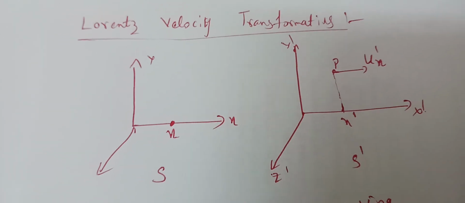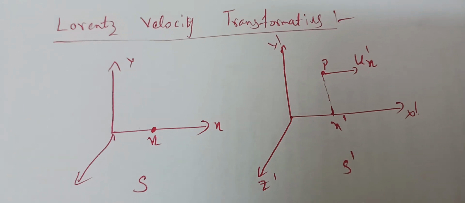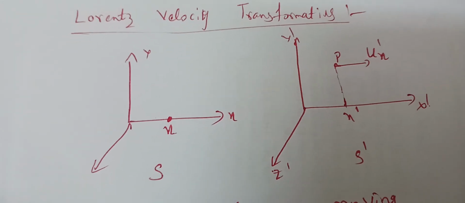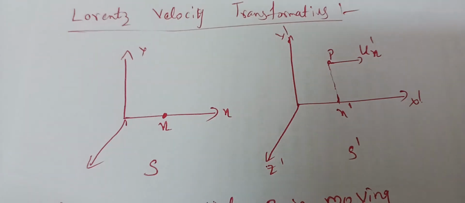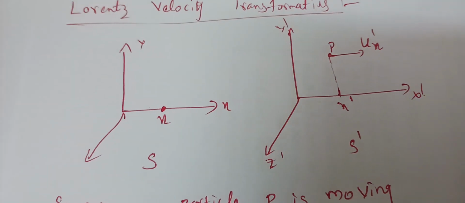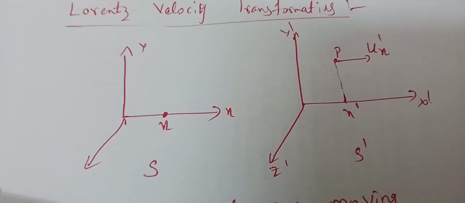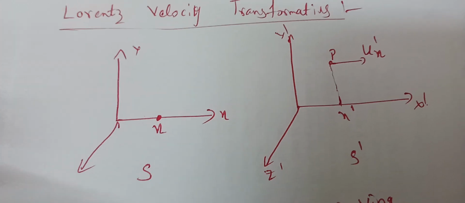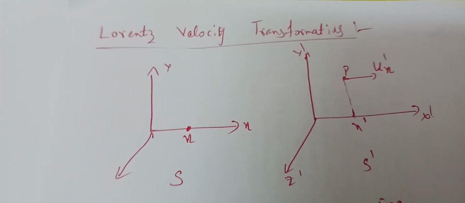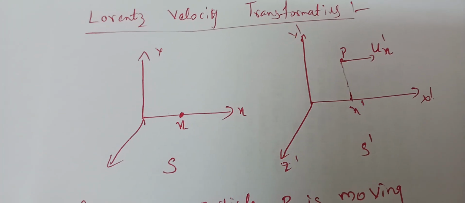Most students have the doubt in numericals: ux dash belongs to the velocity in the S dash frame, so how can we find it in S? With respect to the S frame also, you can find it using the Lorentz velocity transformation.